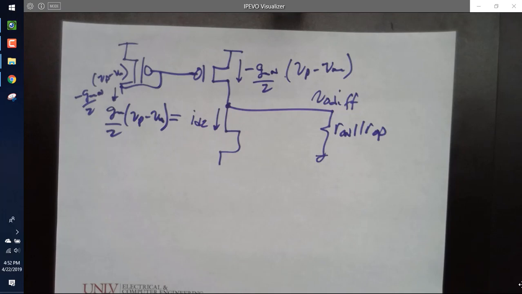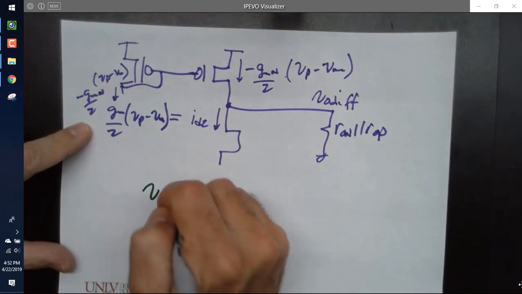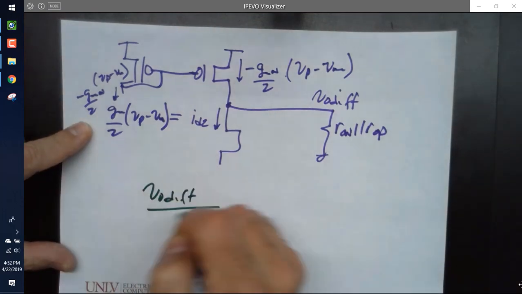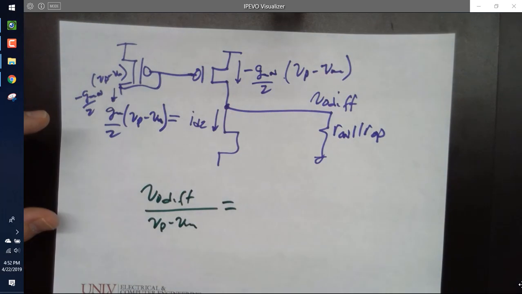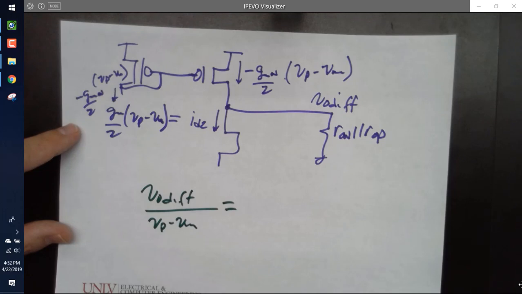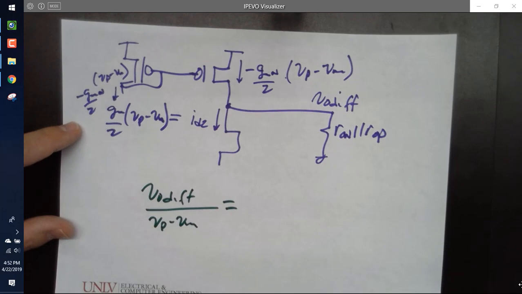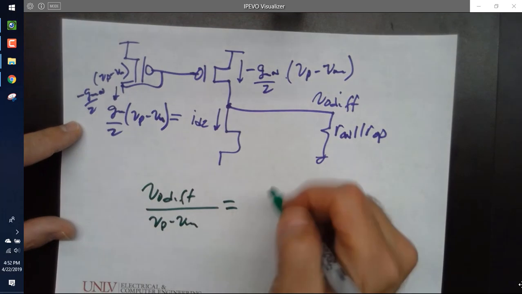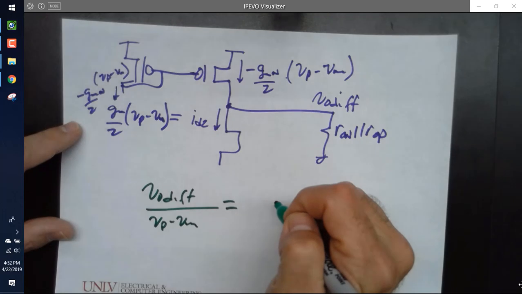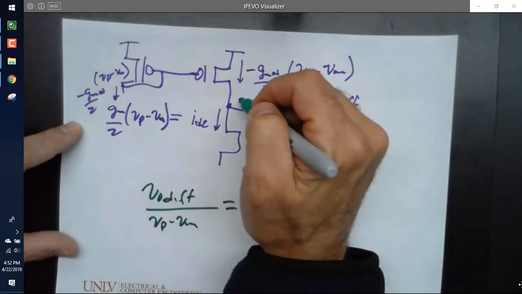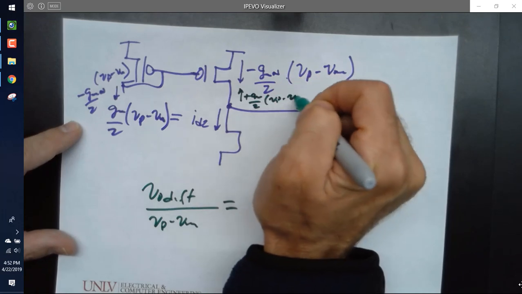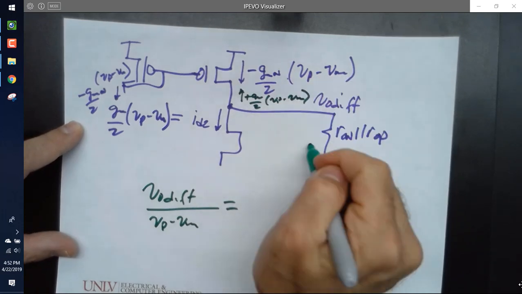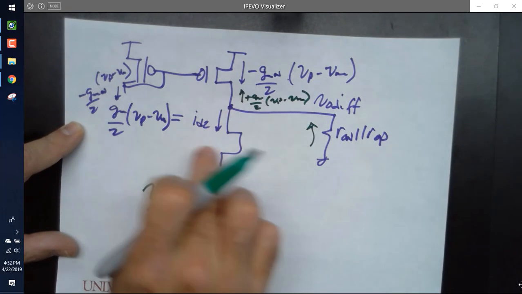All right, so then finally, what is Vout diff over (VP minus VM)? So this would be positive gm/2 times (VP minus VM), but they're both flowing backwards through here. And it's gm/2, gm/2.